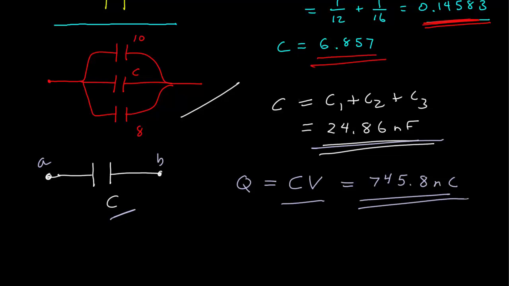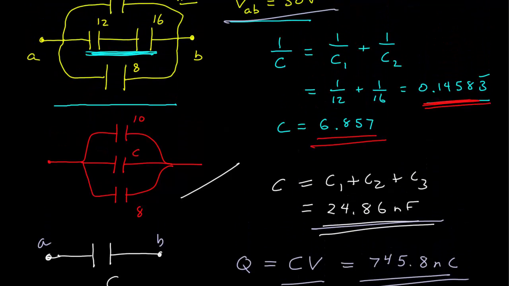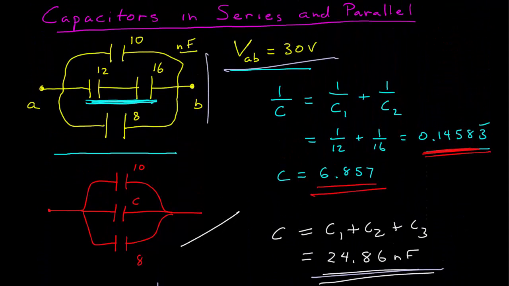So now I have the total charge contained in the system, as well as the equivalent capacitance. Okay, but now let's ask, for these individual capacitors themselves, what is the voltage drop across them, and what charge is being held on each?